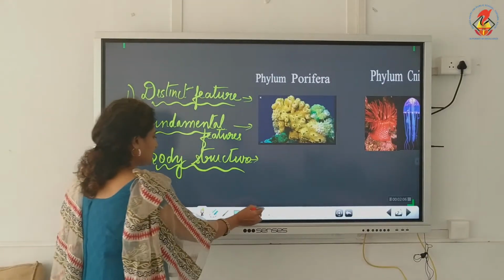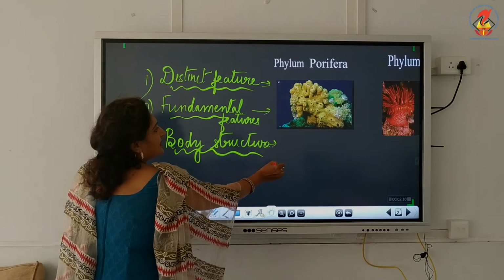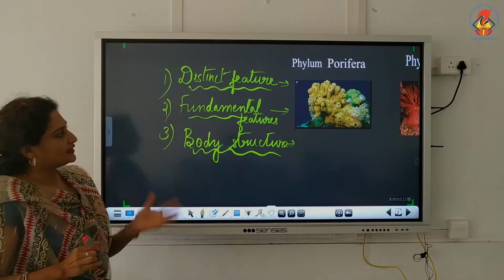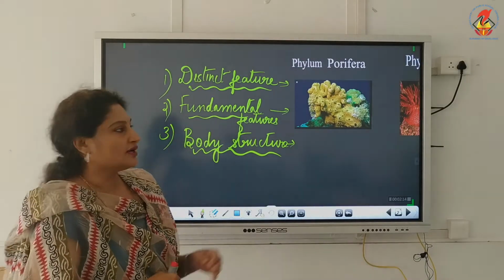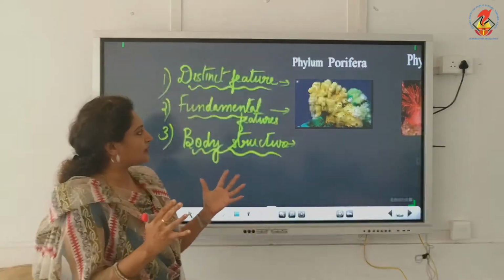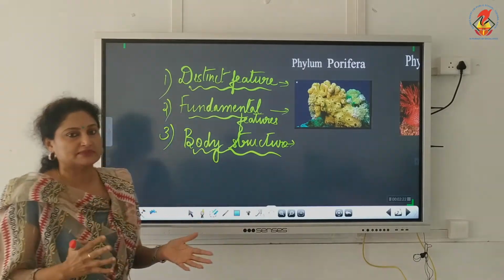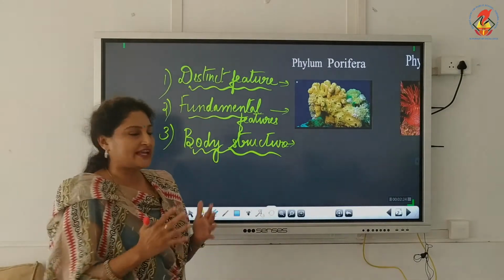So starting with phylum Porifera. This is a typical example, Scypha. It is an example for Porifera, and you just see the shape, it is irregular. From that itself you can guess what the symmetry will be. It is an example of asymmetry.